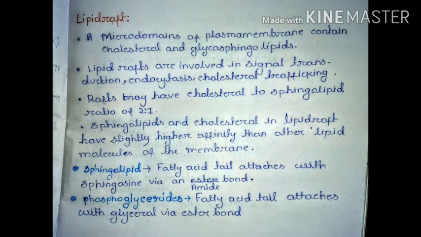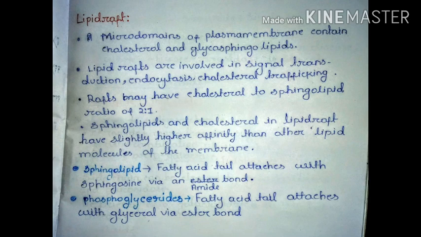Now, rafts may have a cholesterol to sphingolipid ratio of 2:1. The main constituents of the lipid raft are glycosphingolipid and cholesterol, and the amount of cholesterol in the lipid raft is much higher than the glycosphingolipid.